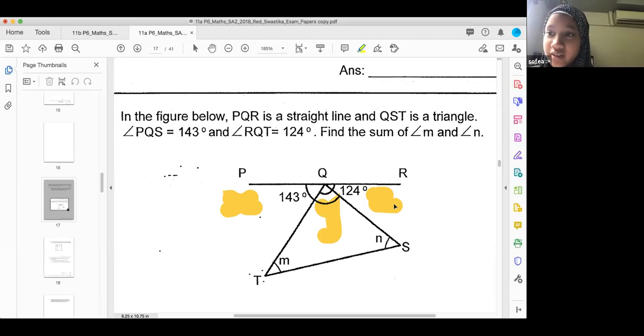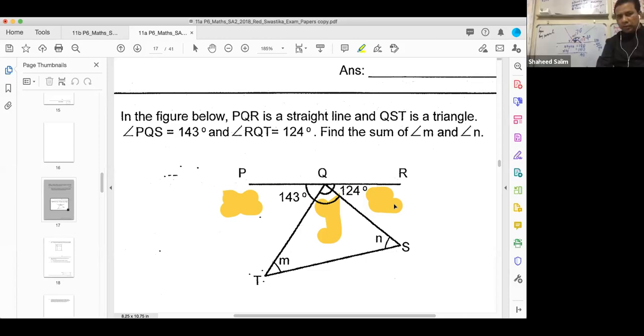Is angle M and N equal to TQS? No, they're not. Angle Y is not equal to these two. M and N equals 180 minus this. This plus this is 180.